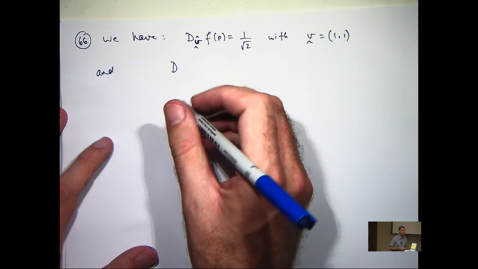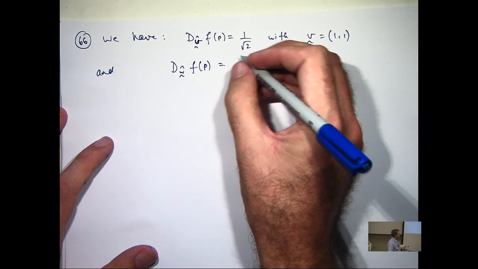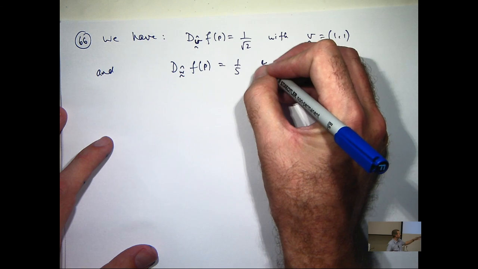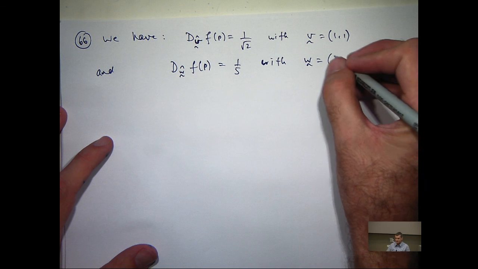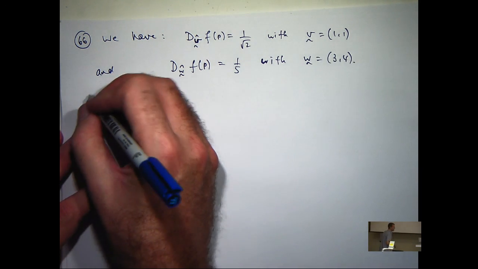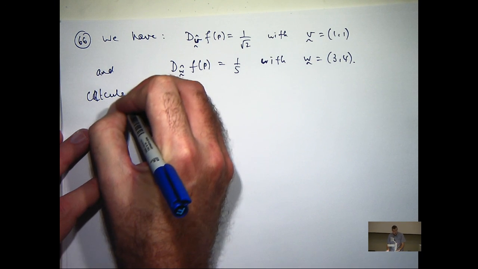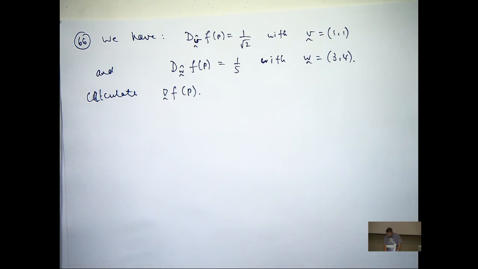And the second bit of information, let's call the vector w in that case. So the directional derivative of f at the same point in different directions is given to you by these values. So now what we're going to do is form 2 equations and 2 unknowns. The idea is to calculate or find this.